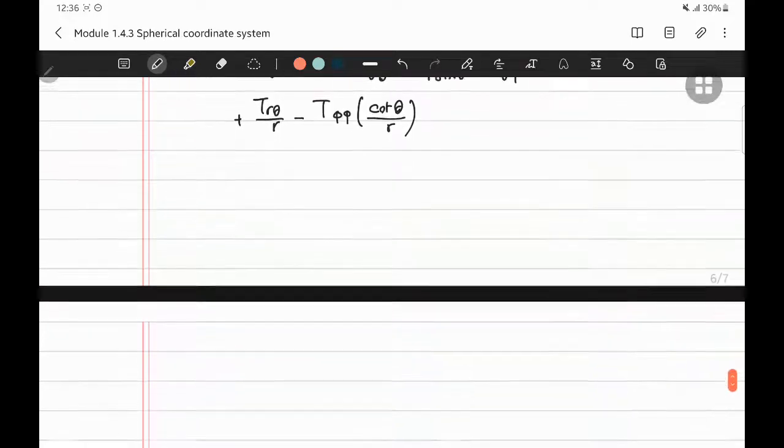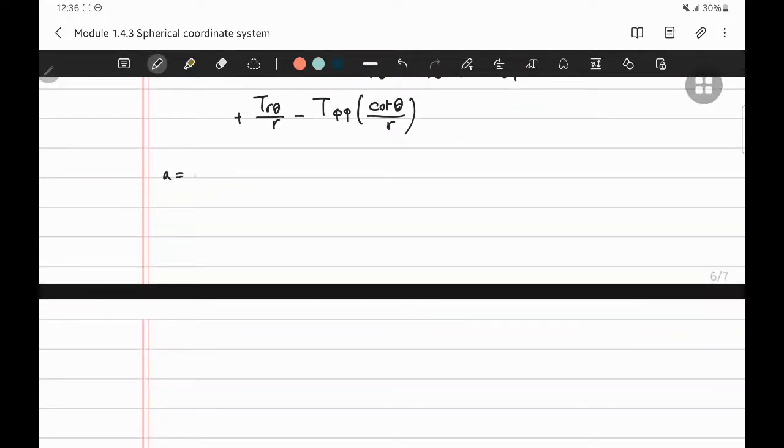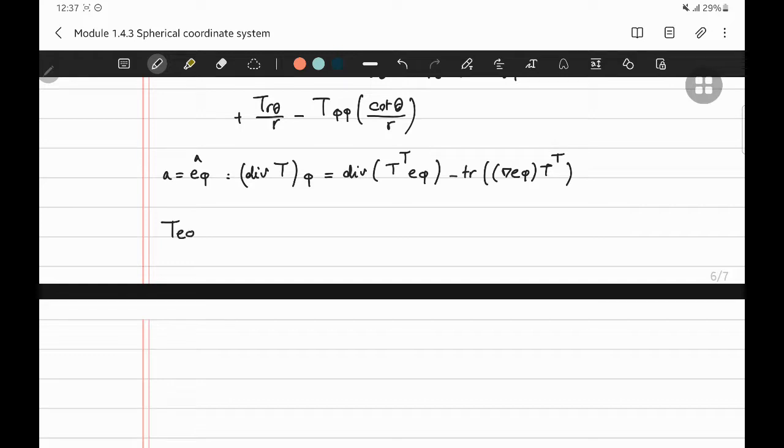So next we have A is equal to E phi. So the divergence of T, phi component, becomes the divergence of T transpose E phi minus the trace of del E phi T transpose, and T E phi is T_J phi E_J, and J is of course R, theta and phi, so this is T_R phi E_R plus T_theta phi E theta plus T_phi phi E phi.